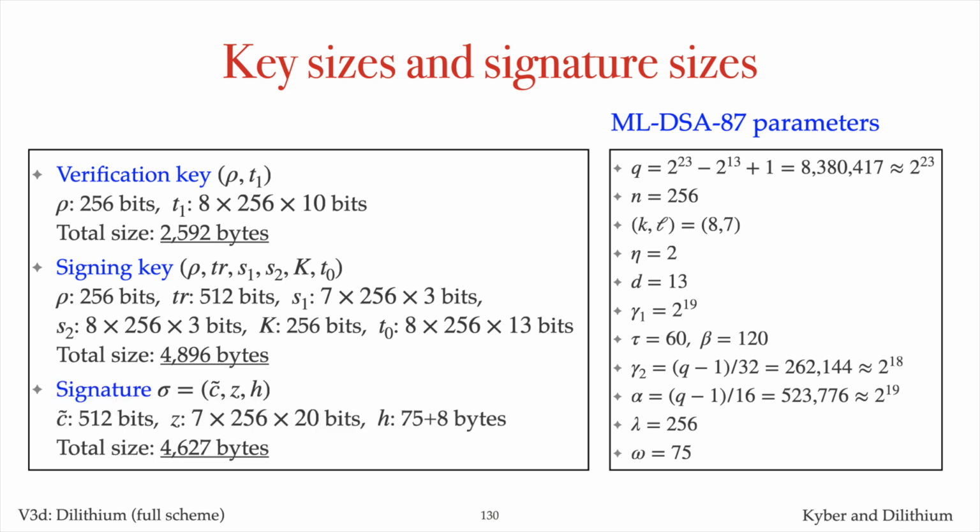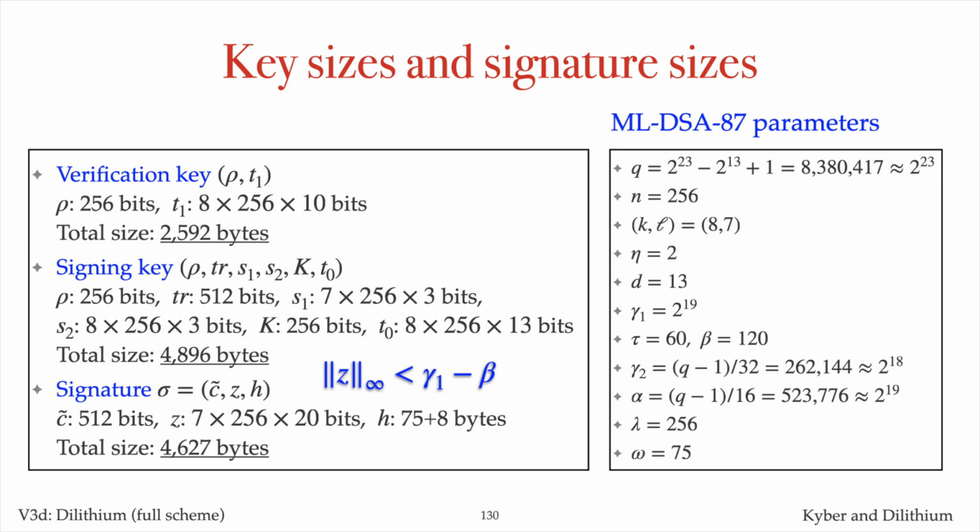The signature size is 4,627 bytes. Coefficients of polynomials in Z have size 20 bits. The maximum possible absolute value for a coefficient in Z is gamma 1 minus beta. Recall the requirement that the infinity norm of Z be less than gamma 1 minus beta.